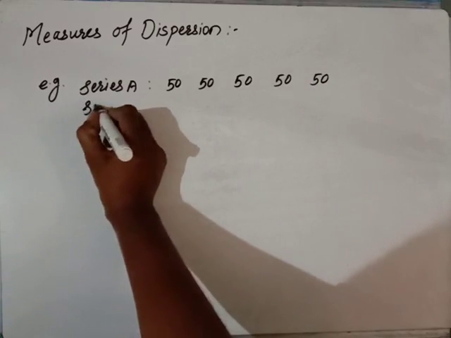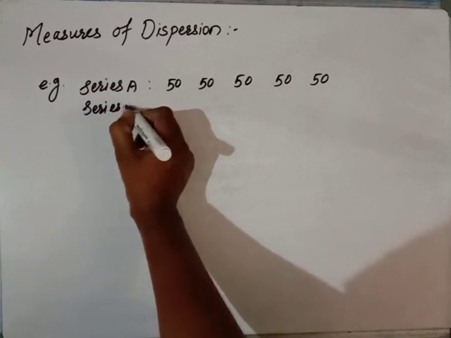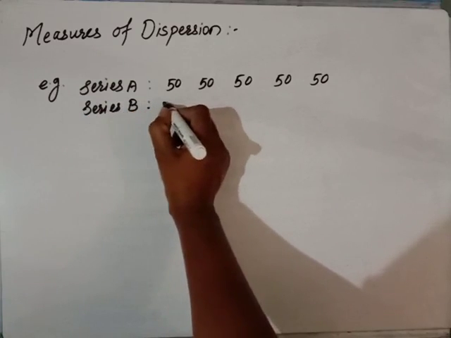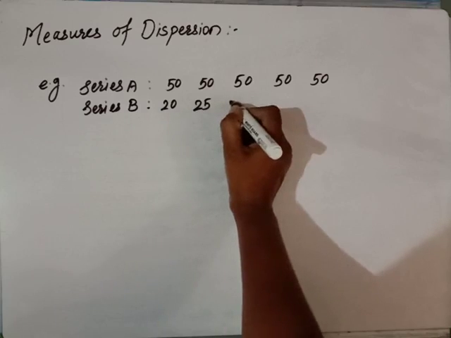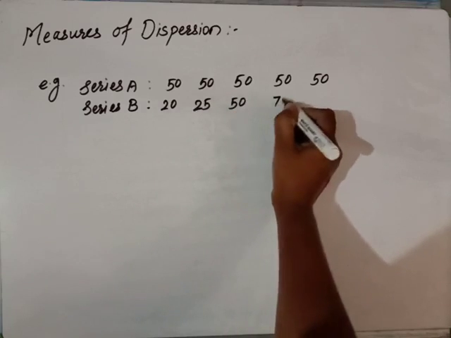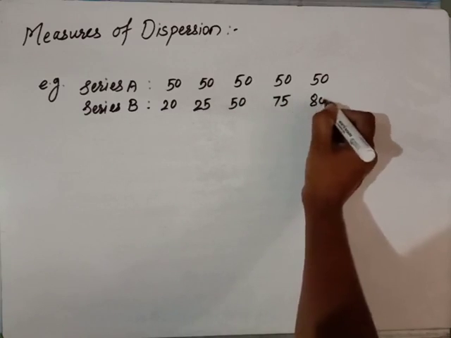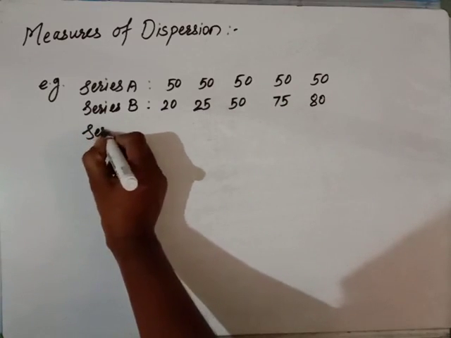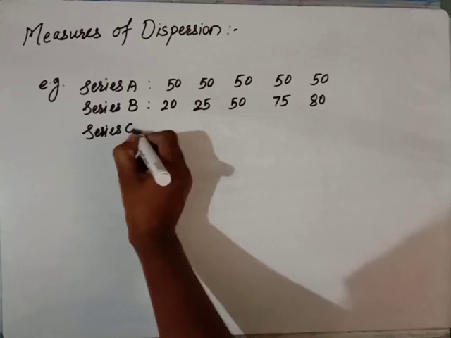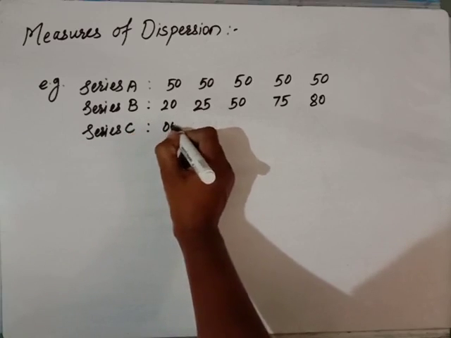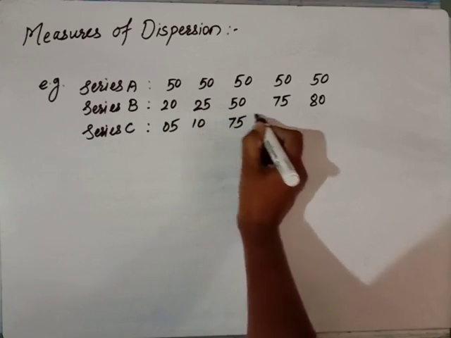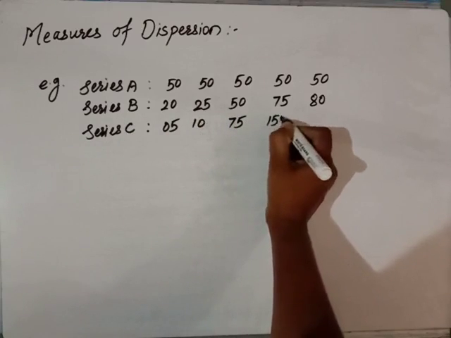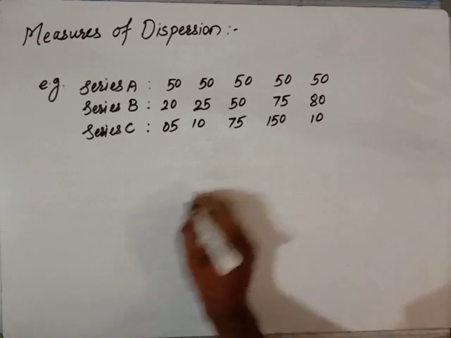And series B with observations 20, 25, 50, 75 and 80. Now suppose series C is the next one, having the observations 5, 10, 75, 150 and 10.